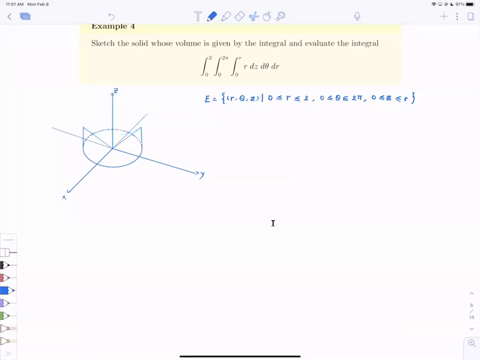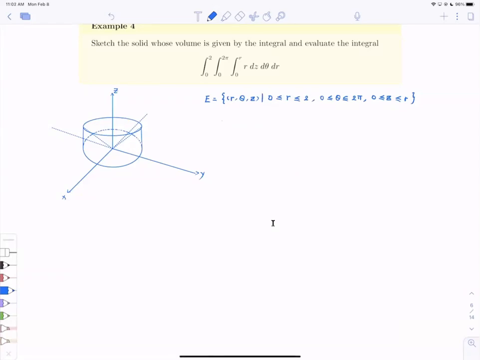Draw it again, make it smaller, lower, slightly bigger. Yeah, like this. Still ugly, but you know what I mean. So this is the region. That's a really ugly region, but let's compute the integral.